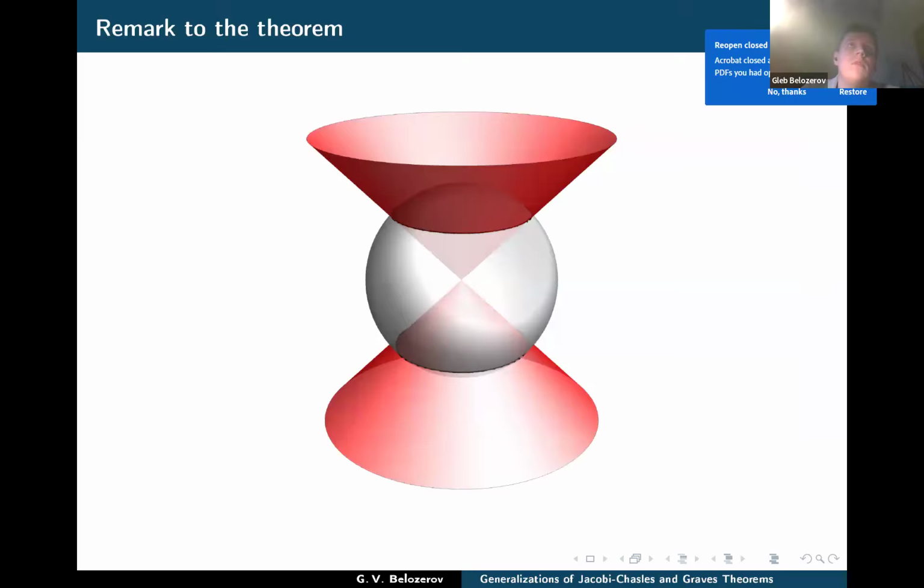This theorem doesn't follow from the classical Jacobi-Chasles theorem. May I see the second statement?